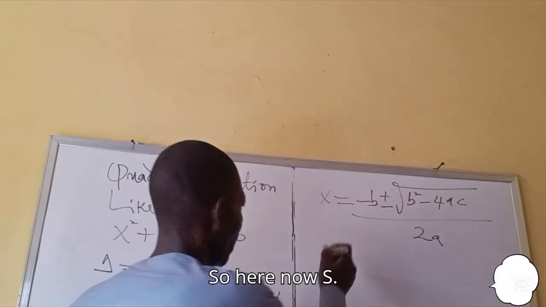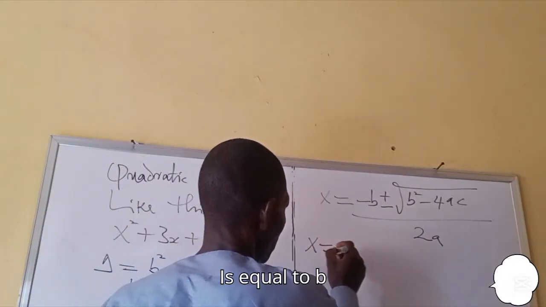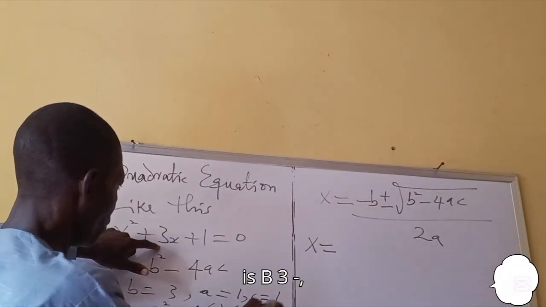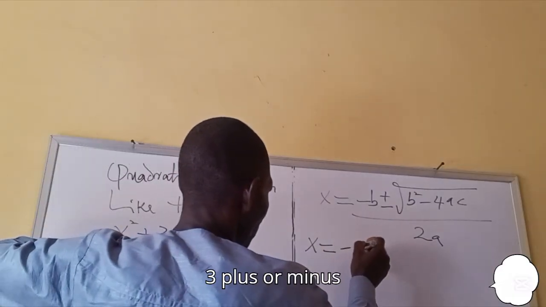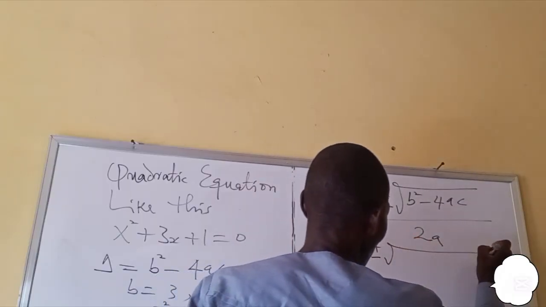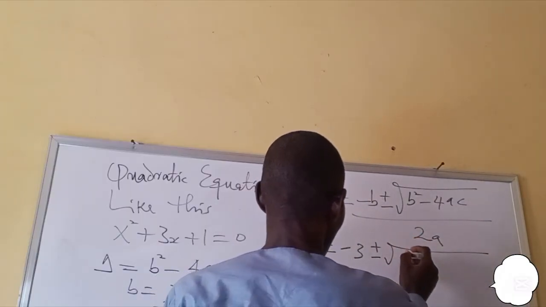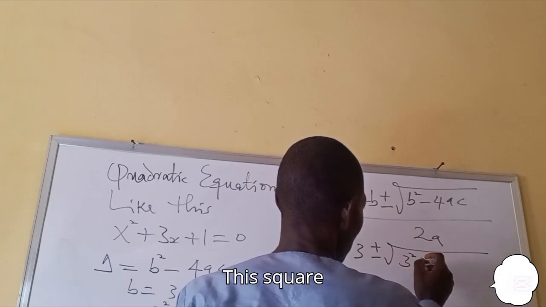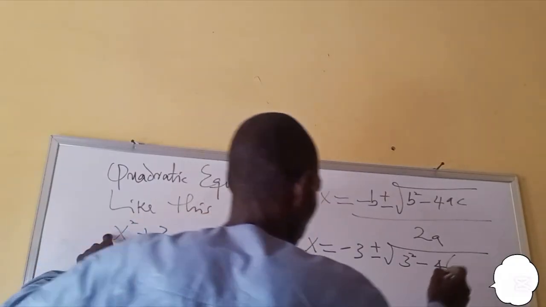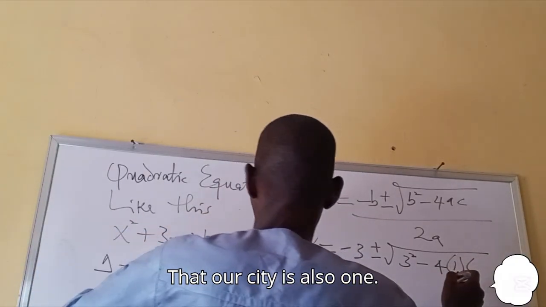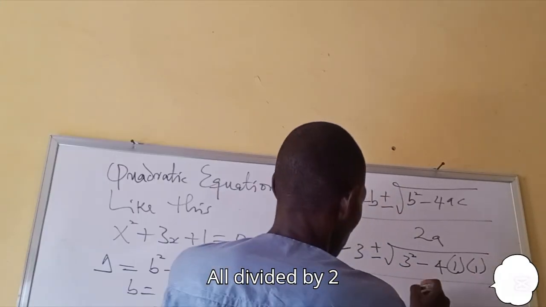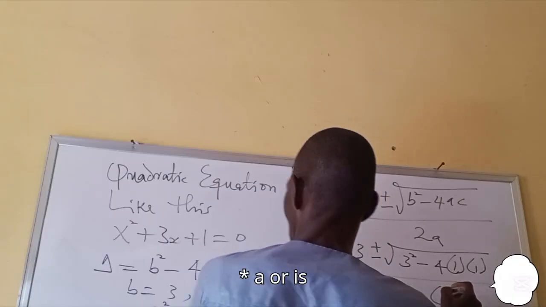So here now, x is equal to negative b, and this b is 3, so negative 3, plus or minus the square root of b squared minus 4 times a, where a is 1, and c is also 1, all divided by 2 times a, where a is 1.